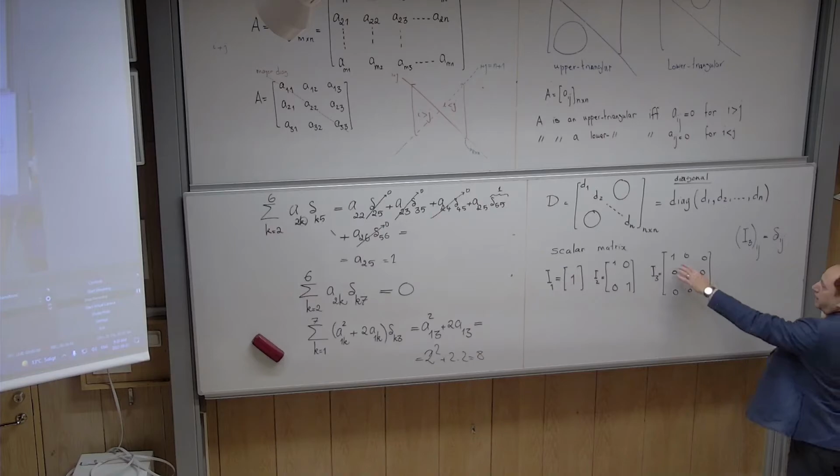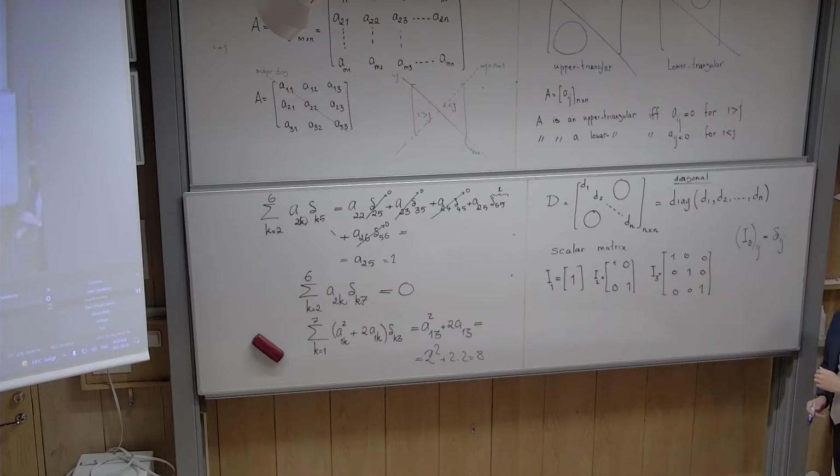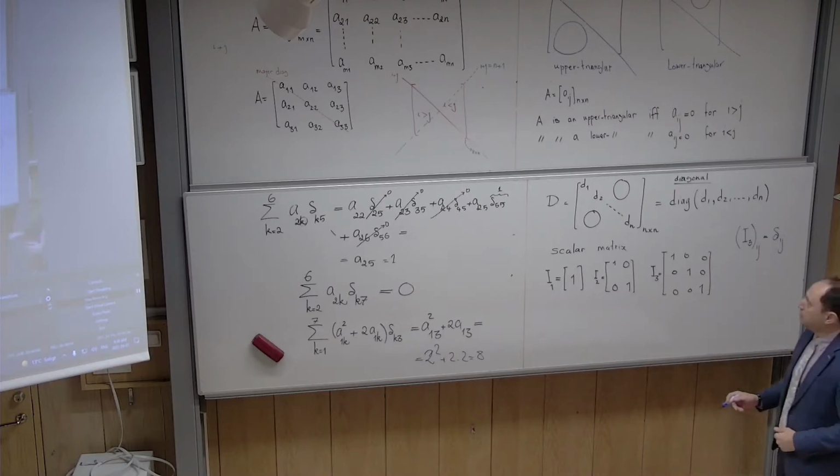But if i and j are not equal, it means that either I am here or there. You see that the entries are all 0. So this means that, okay, yes. So what can I write here? If i is not equal to j, Kronecker delta becomes 0. Yes? So for example, can you write this?